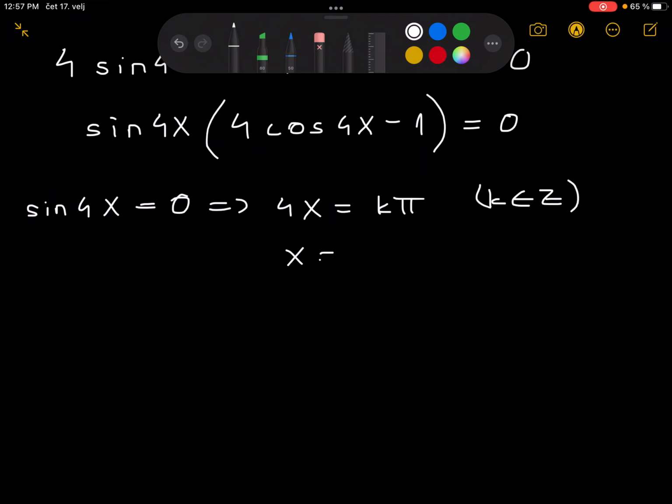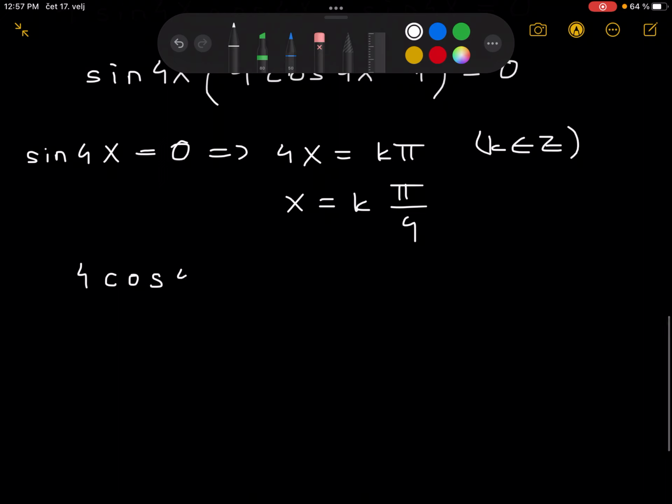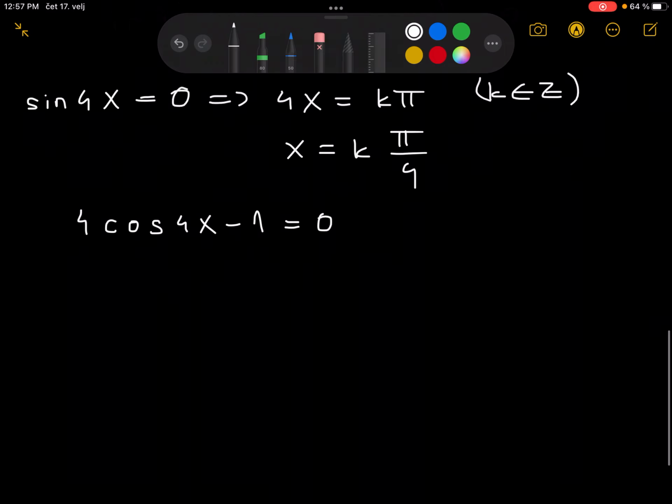So x must be equal to k times pi over 4. That's one solution. And the other one is 4 times cosine of 4x minus 1 is equal to 0. So cosine of 4x is equal to 1 over 4.